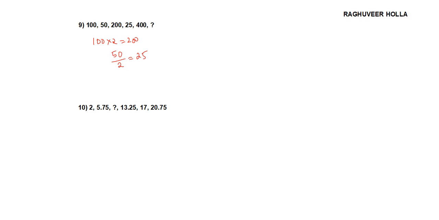Again 400 you have, sorry, I mean this you got as 200 into 2, so we should get 25 divided by 2, which is 12.5. This is the next term corresponding to this.